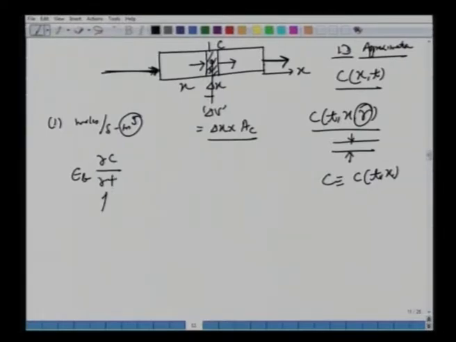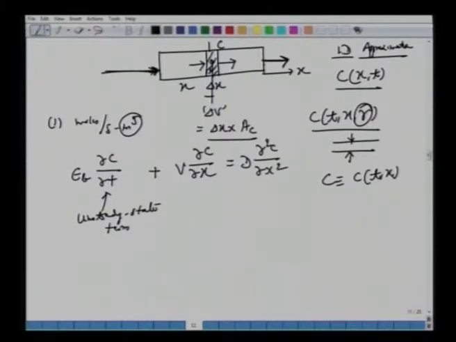So the first term is the unsteady state term, then there will be the convective term v del c over del x. There will be a diffusion or dispersion term, del square c over del x square. So let's say that v is a constant.